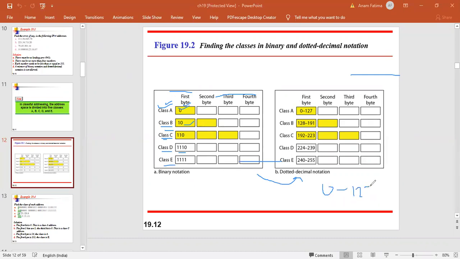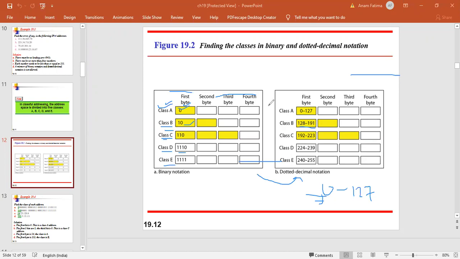If it is from 128 to 191, then it is class B. If it is in the range of 192 to 223, it is class C. Class D is 224 to 239, and class E is 240 to 255. Right, so whenever you're given an IP address, you can identify which class it belongs to.